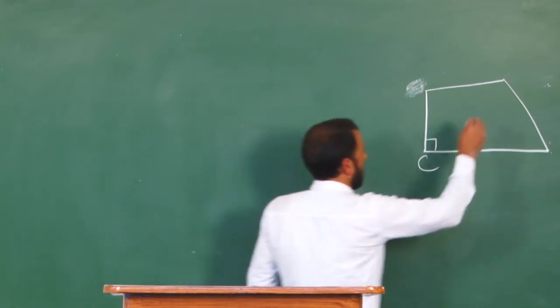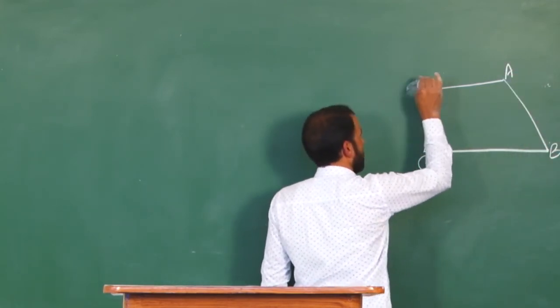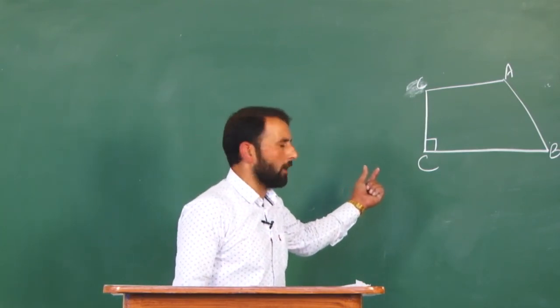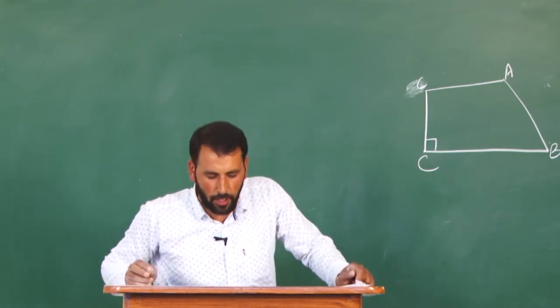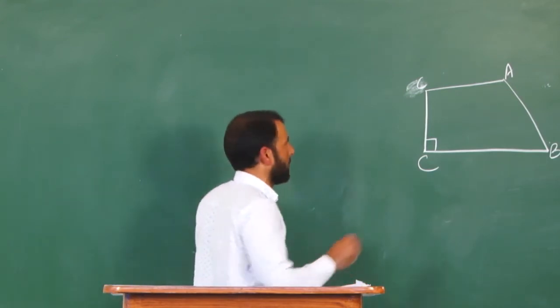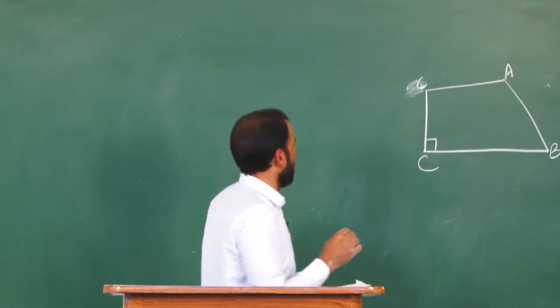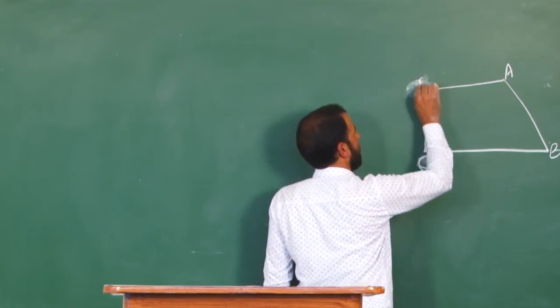AD is equal to 8 meter. So this is a quadrilateral ABCD, with C here and D here.